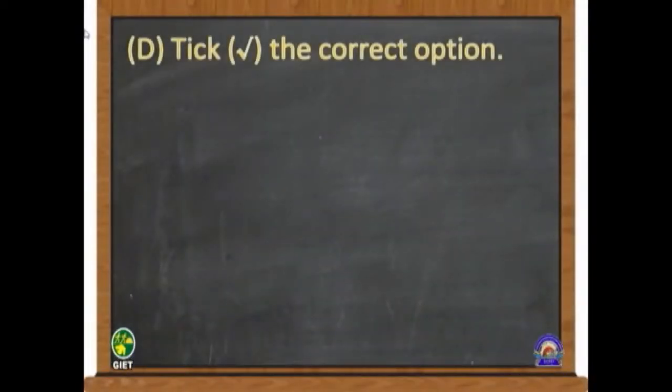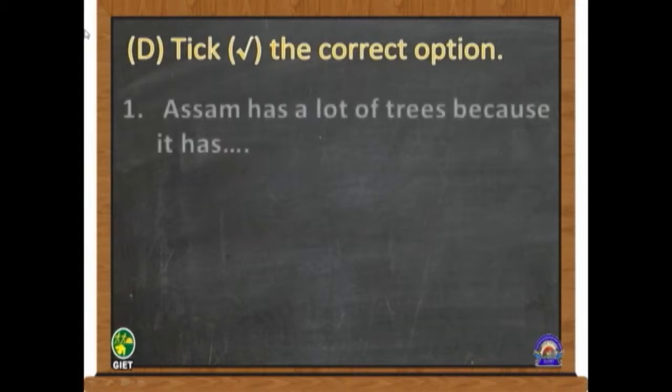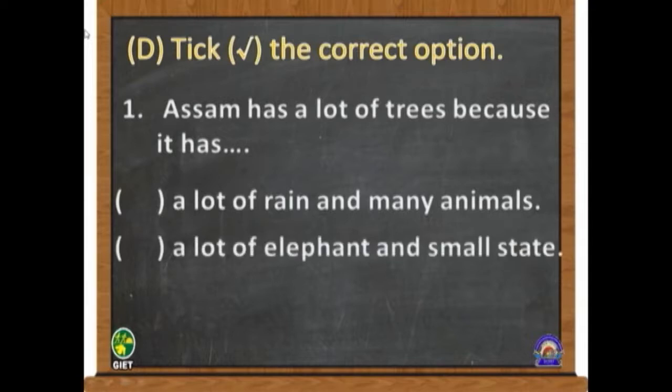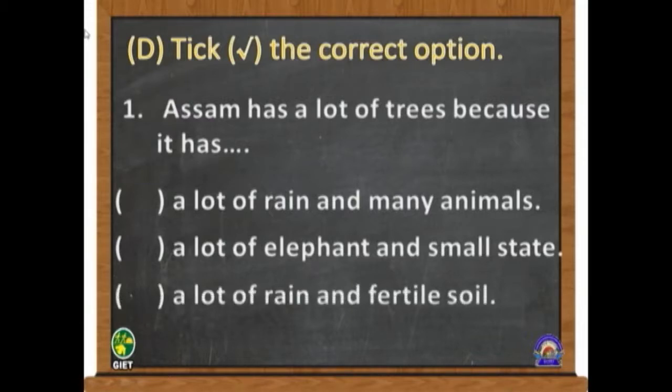Activity 6D. Tick the correct option. First, Assam has a lot of rain and many animals, a lot of elephant and small state, a lot of rain and fertile soil.